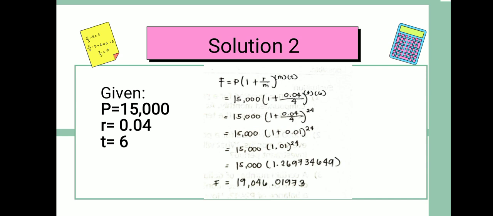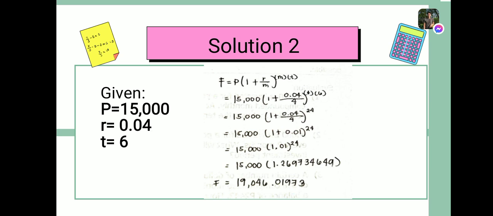And then we have m, which is quarterly, so 4. Substituting the values, we have 15,000 times quantity 1 plus 0.04 divided by 4 raised to the power of 4 times 6. So simplifying, we have 15,000 times 1 plus 0.04 over 4 raised to the power of 24.